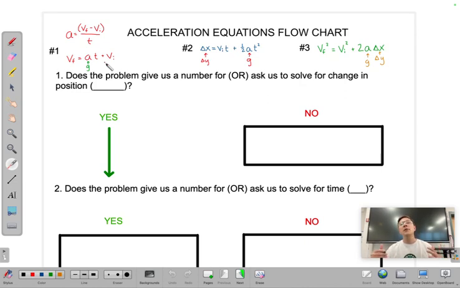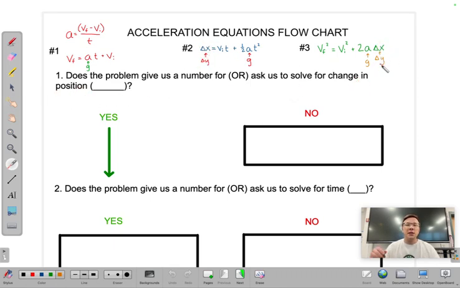So once you have done that for a given problem, you need to ask yourself 2 questions to get to the right equation. And there are other ways to do this, but this way is very, very simple. So I'll help walk you through that. The first one is, once we have our variables, does the problem give us a number for, or ask us to solve for, change in position, which would be delta x or delta y.